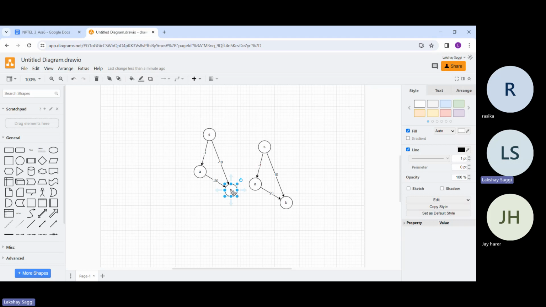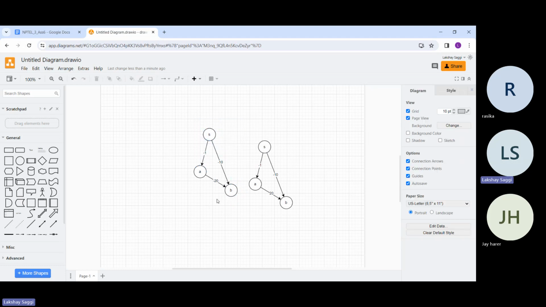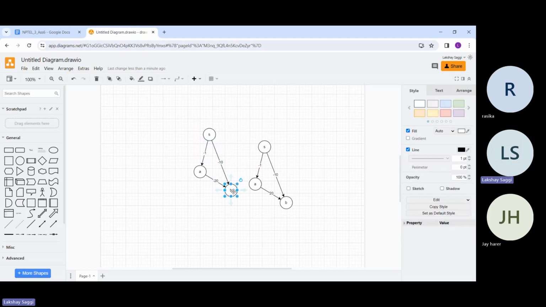But what may actually happen is, there might exist another path to B through some other vertex other than the source. So B may contain another edge, let's say this -20 edge, which was actually from a vertex which was not the source, let's say this vertex A here. Or there may be some other vertex C, D, E, which has a large negative weight, but that edge is not connected to the source.